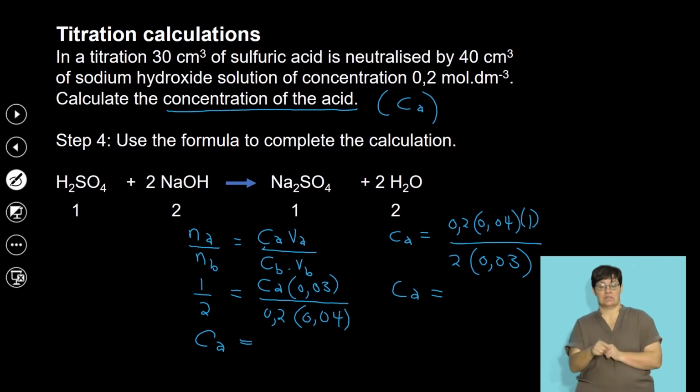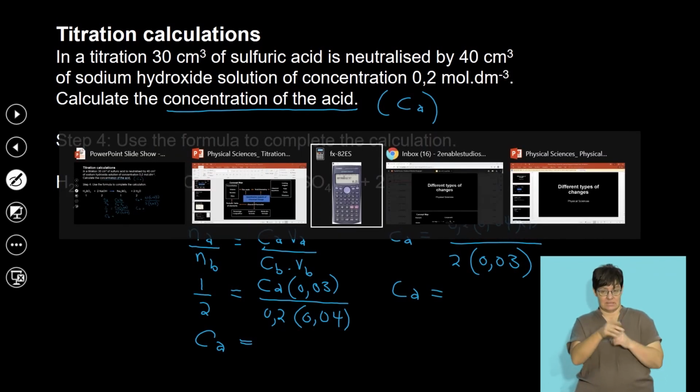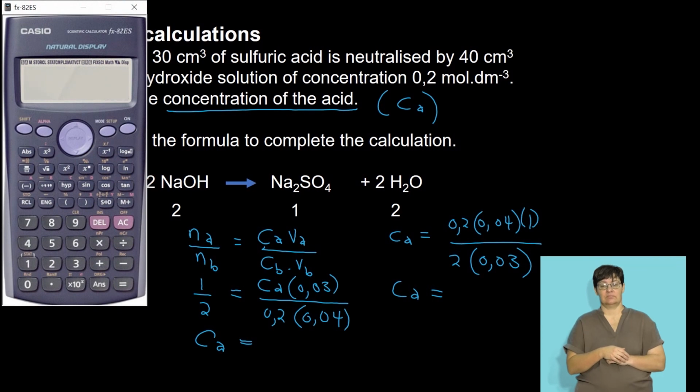So to determine that, from the calculator, what do we have? We have 0.2 multiplied by 0.04, okay? Multiplied by 1, okay? We can put it because the marks are given for substitution. Then at the denominator, we've got 2 multiplied by 0.03, right?